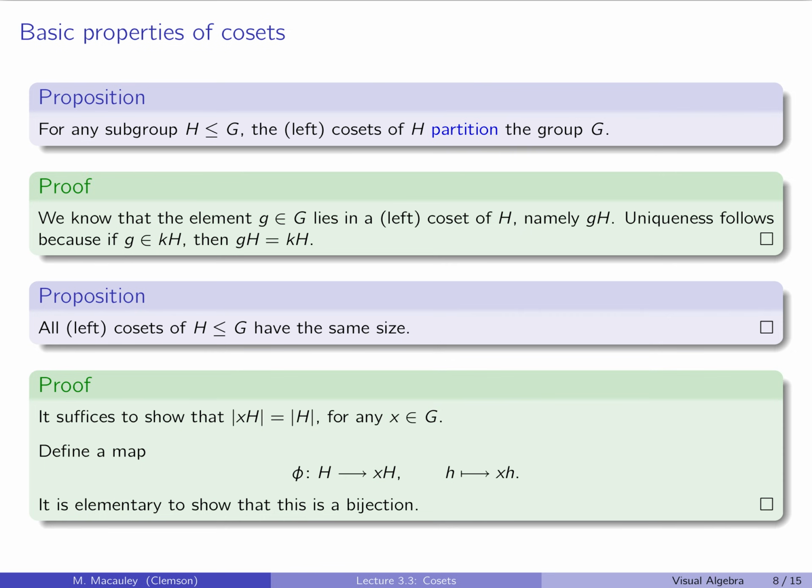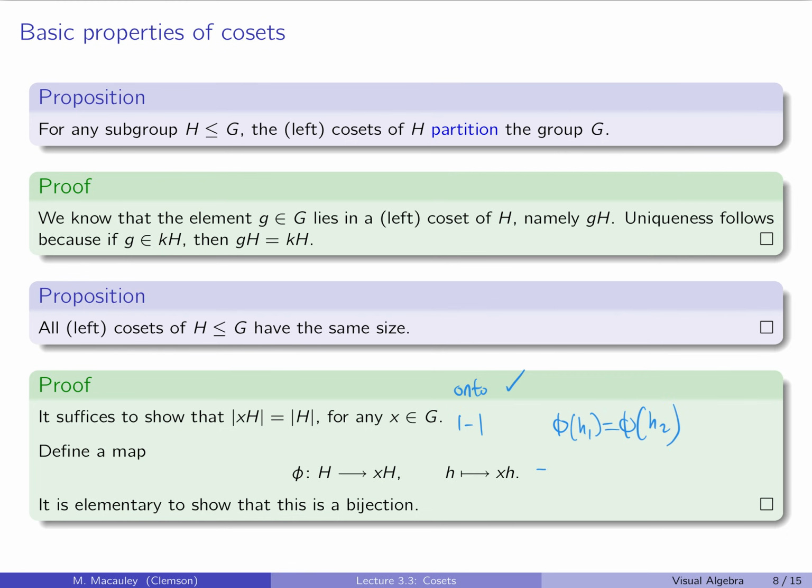So why is this map onto? Well, if we take an arbitrary element on the right-hand side, xh, it has a preimage, h. So that's why it's onto. Why is it one-to-one? Well, suppose that phi of h1 equals phi of h2.